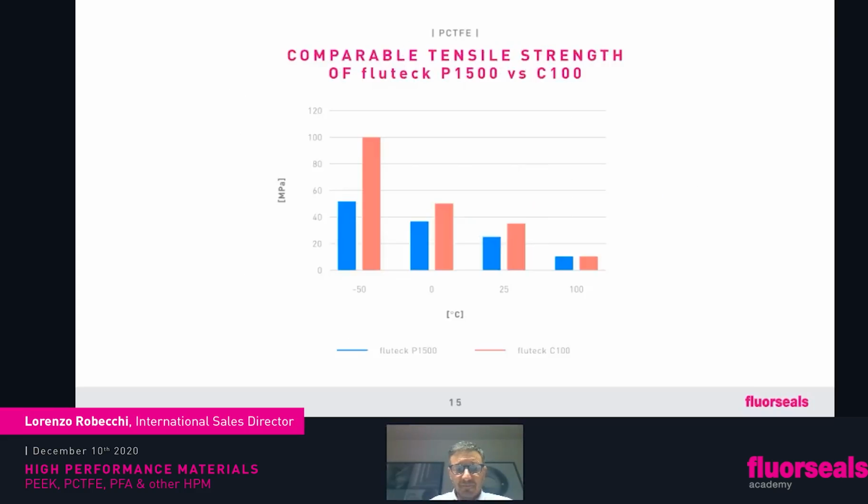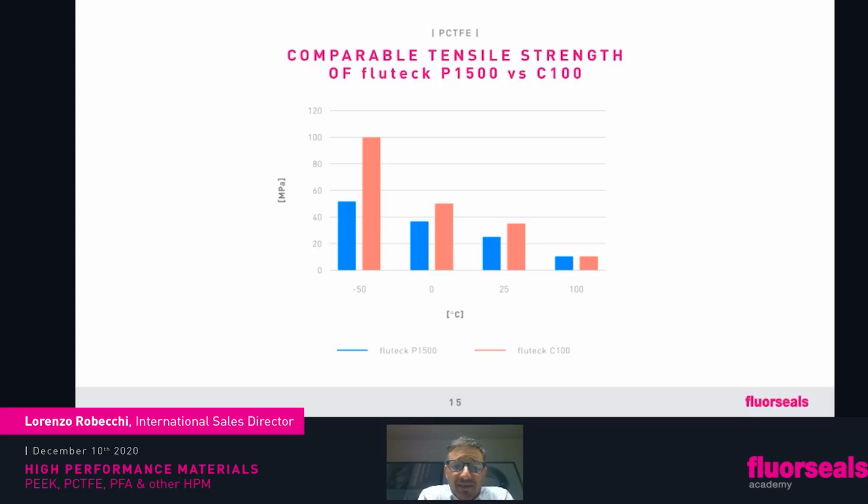Not only that, comparable tensile strength of Flutex P1500, which is our premium PTFE, compared to C100, the PCTFE. The lower the temperature, we have data, in this case only up to minus 50, but look at minus 50.